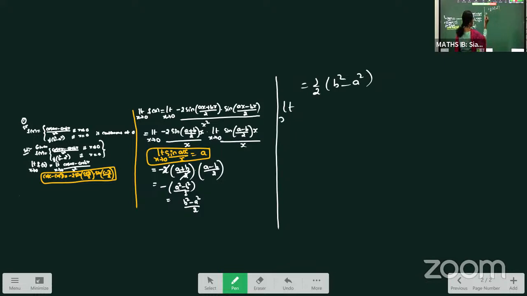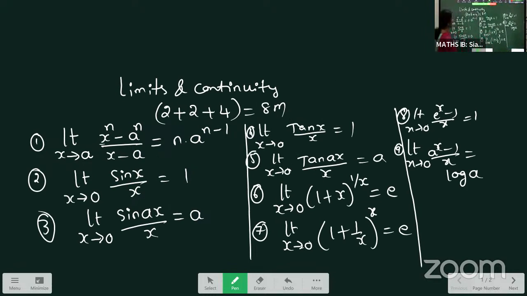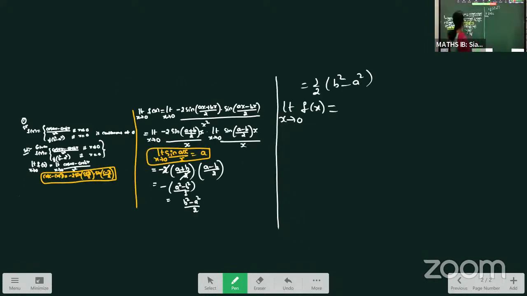What we have taken, limit x tends to 0, f of x, is equal to what we got, half of b square minus a square. If you observe in the question, half of b square minus a square is given as what? Half of b square minus a square is f of 0. So we can write it is equal to f of 0. So limit x tends to 0, f of x value, we got as f of 0.